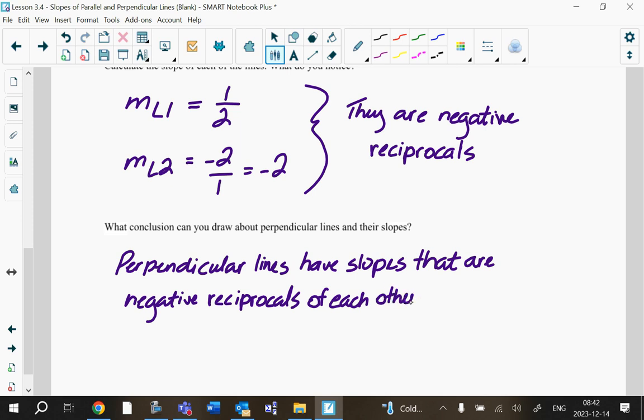Okay. So that's how parallel lines and perpendicular lines are related to slope.